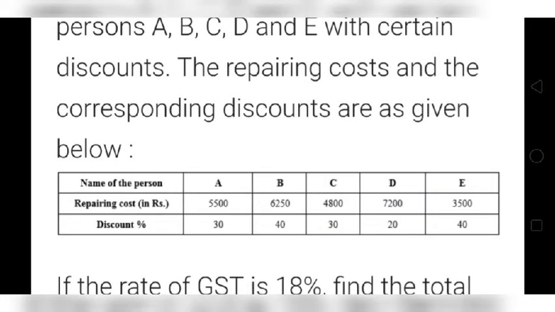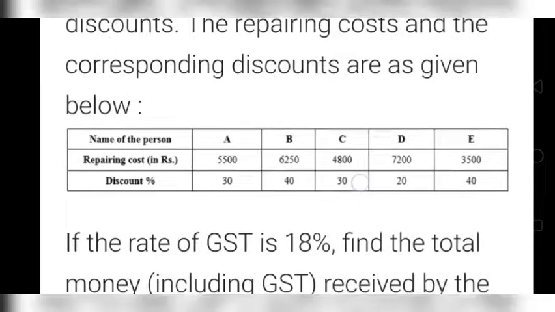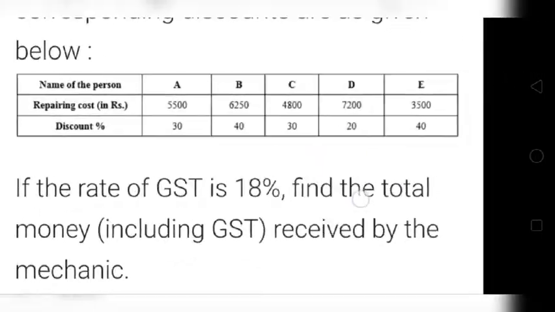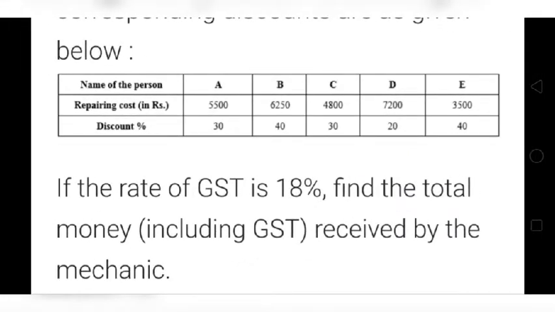If the rate of GST is 18%, find the total money including GST received by the mechanic. So the total amount received by the mechanic from the 5 persons after discount and after GST we have to calculate. So let's get started with the solution.